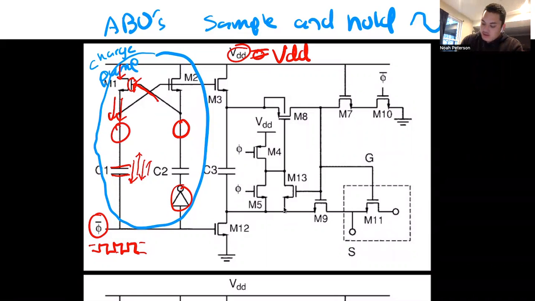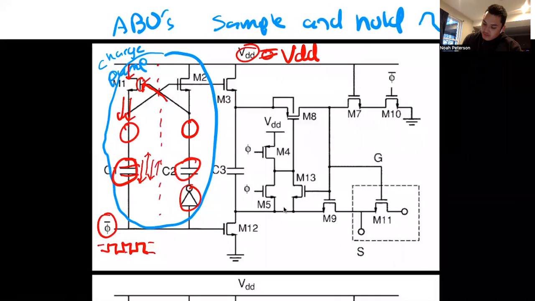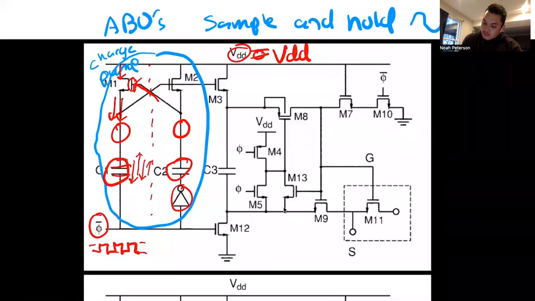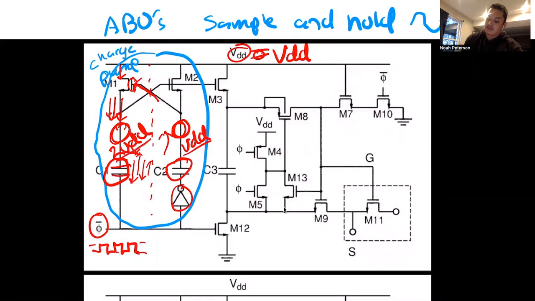Once all of that VDD is allowed to pass into that point, this capacitor becomes charged to VDD, as well as this capacitor, because it's a symmetrical circuit. Eventually, as more voltage comes in and it's doing this oscillating thing back and forth, this point and this point are going to alternate back and forth between VDD and 2VDD.